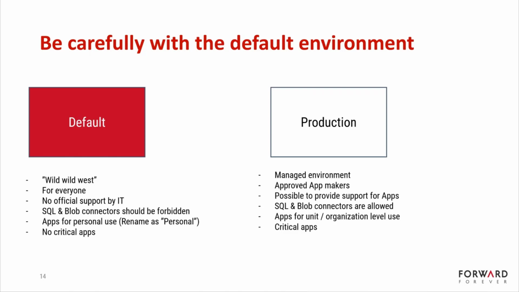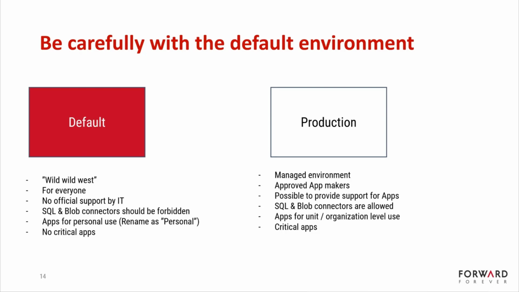So you have to have at least one other environment than default, usually production. Of course, you might have several production environments, and you might have several test and dev environments for those production environments, and so on. But at least you should have one production environment that is a managed environment.